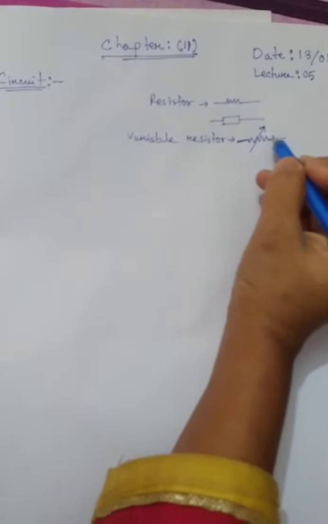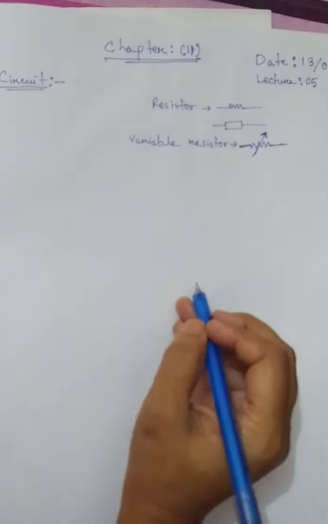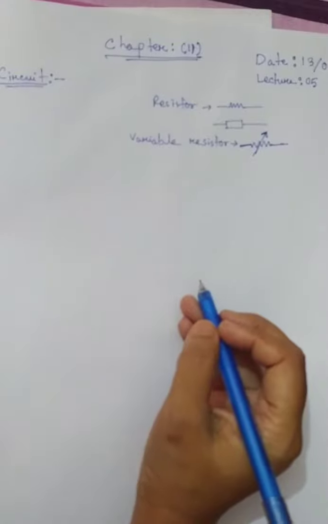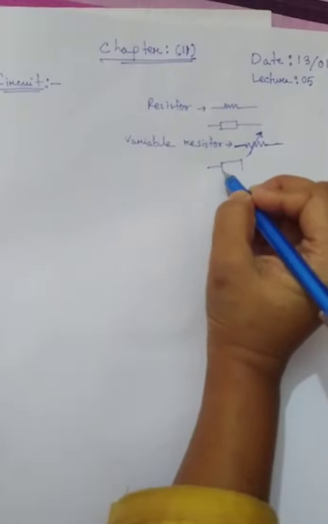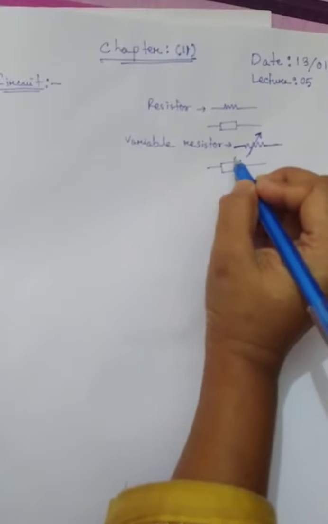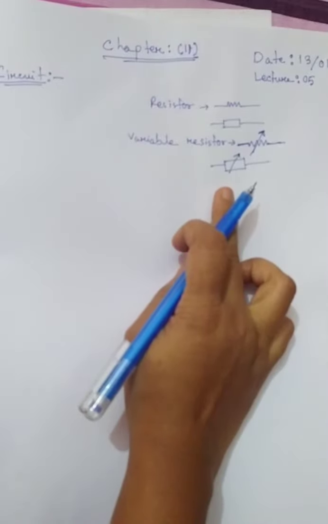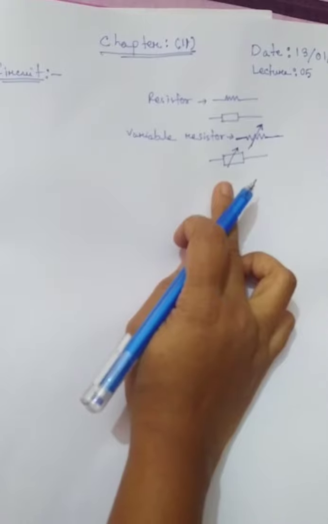One point is this one, another is this one, and the third point is this one, and this is the symbol of a variable resistor. Or instead we can also use this symbol for a variable resistor. That means if there is a tick mark on a resistor, we will assume it is a variable resistor, that is, the resistance of that resistor can be varied.